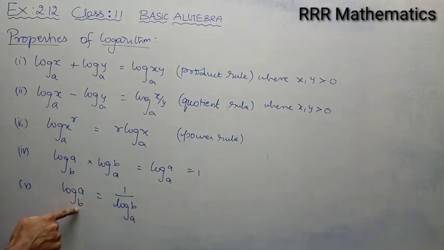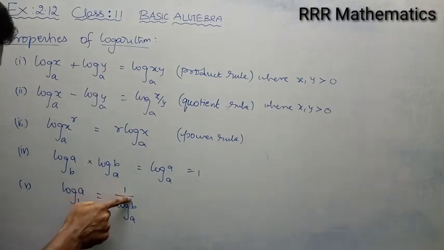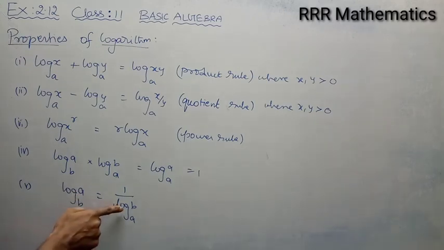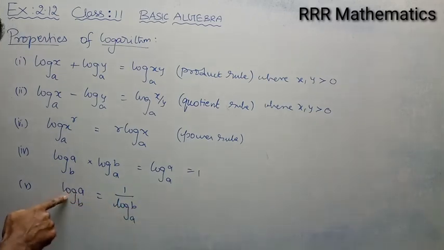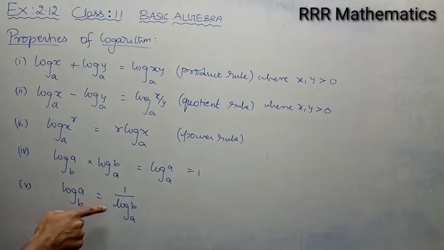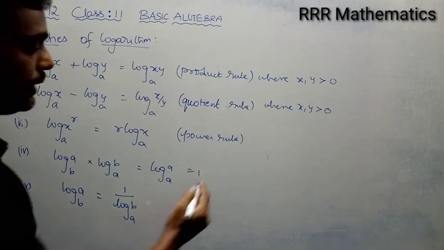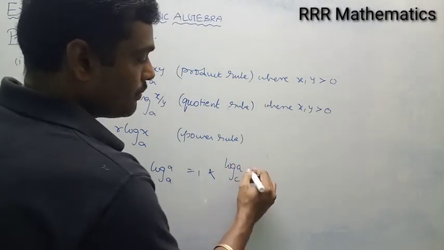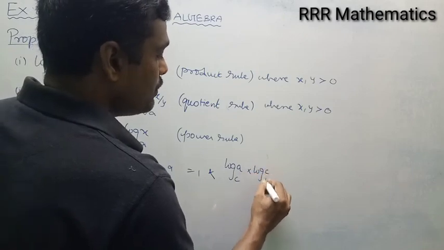See, log a base b, when you take the reciprocal, 1 by the value, the base will come to the value and the value goes to the base. Log a base b, reciprocal is 1 by log b base a. And we have one more property, log a base c into log c base b.